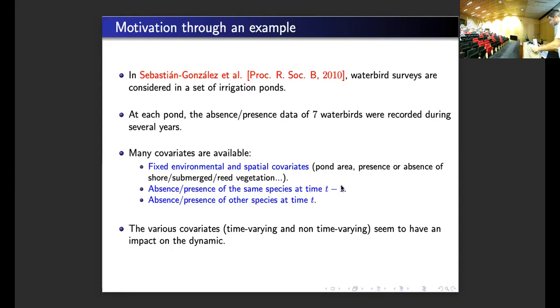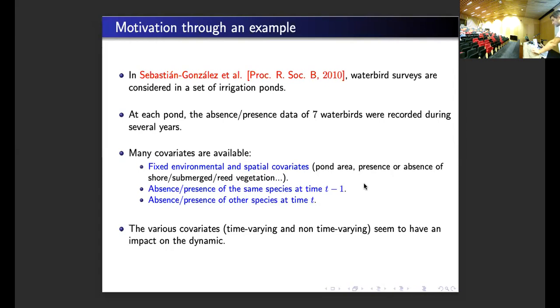They use fixed environmental and spatial covariates, that is the characteristics of the pond. They also use information about the presence or absence of some specific vegetation. They also consider the absence or presence of the same species at the previous time, at time t-1, and also another type of information, the absence-presence of other species at the same time.